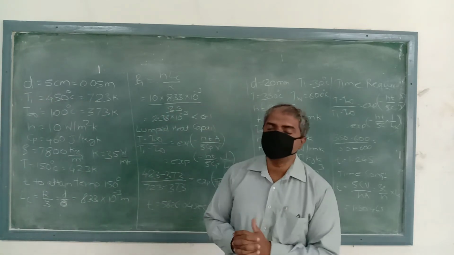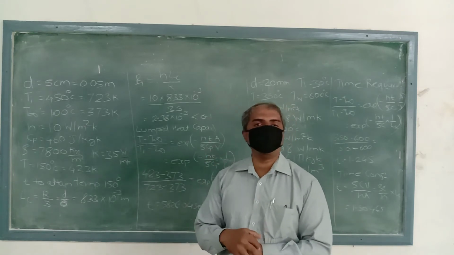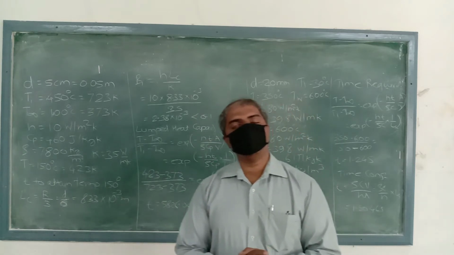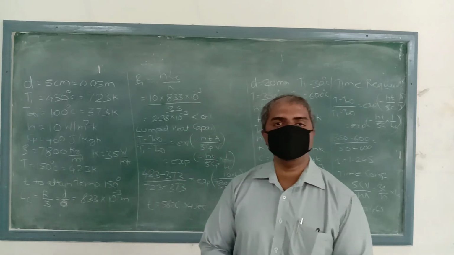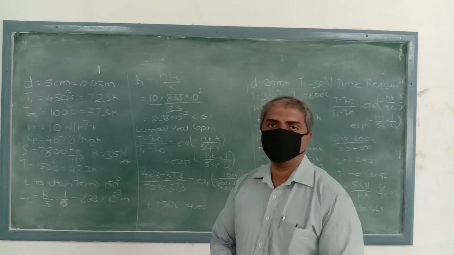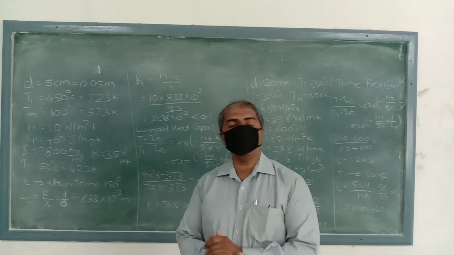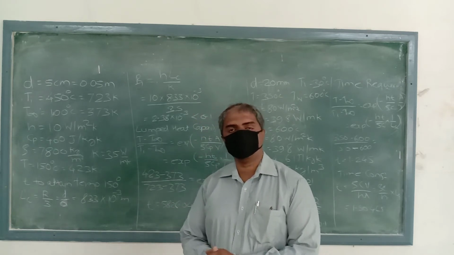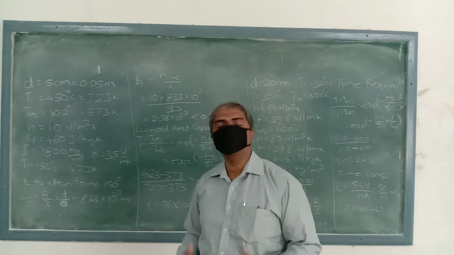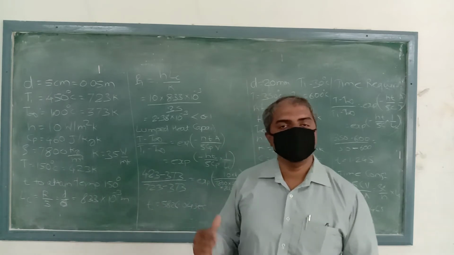So while solving a numerical related to lumped heat capacity analysis, first we have to calculate the Biot number, and if the value of the Biot number is less than 0.1, then you can use the lumped heat capacity analysis formula and easily find the time required for the ball to go from 450 degrees Celsius to 150 degrees Celsius. These are very simple numericals.